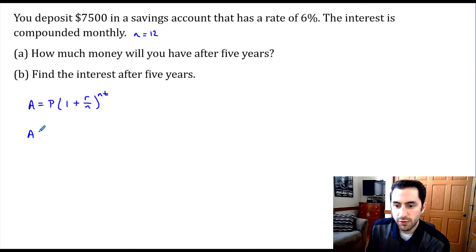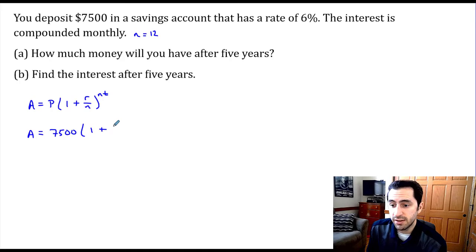All right, so first our future value is going to be equal to our principal, which is $7,500. And then we'll multiply by 1 plus our rate as a decimal, so 0.06, divided by the number of times we're compounding per year, so compounding monthly, n is 12. And then we'll raise this to the n times t power, so 12 times the number of years, which is 5. Now what I like to do is a little bit of simplifying before I type this into my calculator.